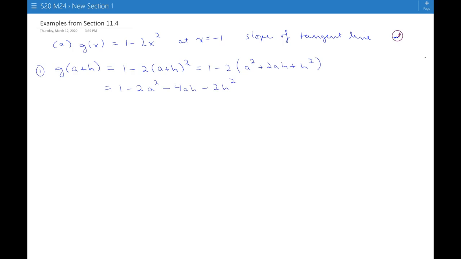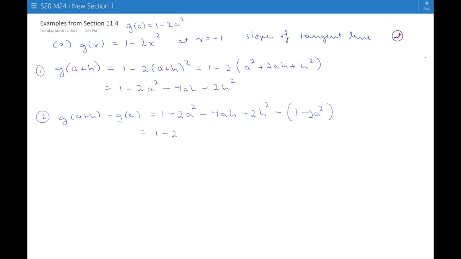So that's step 1. Step 2 is do the difference, g of a plus h minus g of a. So if g of x is 1 minus 2x squared, g of a is 1 minus 2a squared. So I'm going to copy my g of a plus h, 1 minus 2a squared, minus 4ah minus 2h squared, minus, and make sure you put this parenthesis, 1 minus 2a squared, which is g of a.